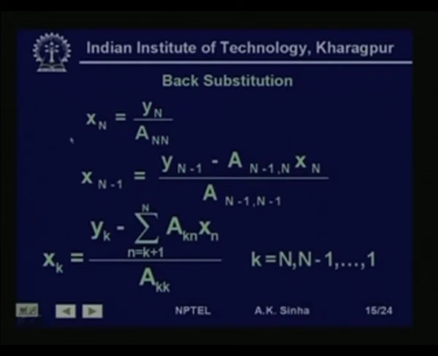Here, as I said earlier, x_n will be given by y_n divided by a_nn, x_(n-1) will be given by y_(n-1) minus a_(n-1)n into x_n, where the x_n value is already known, divided by a_(n-1)(n-1). Similarly, for any general element x_k, this will be equal to y_k minus the summation of a_kn into x_n for n equal to k plus 1 to n, divided by a_kk, for k equal to n, n minus 1, and so on up to 1.